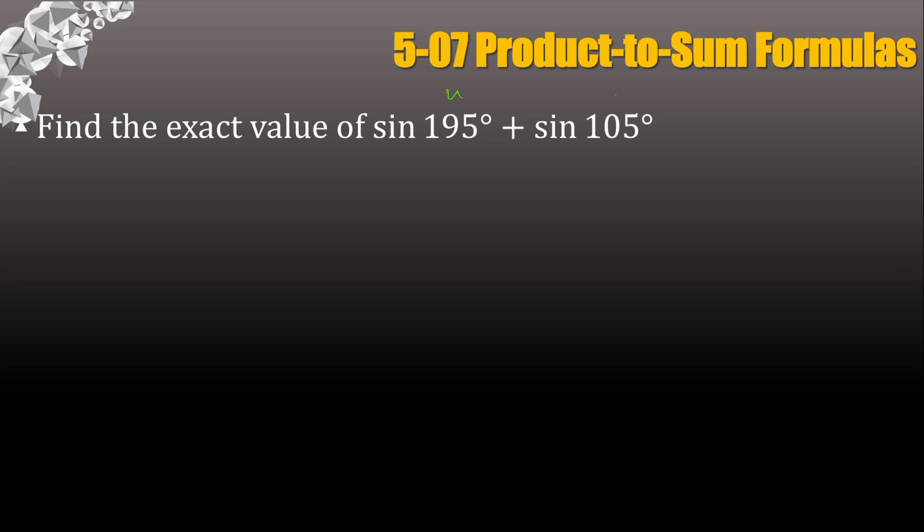So if I call this u and v, we have sine plus sine. Sine of u plus sine of v equals 2 sine of u plus v over 2 cosine of u minus v over 2.